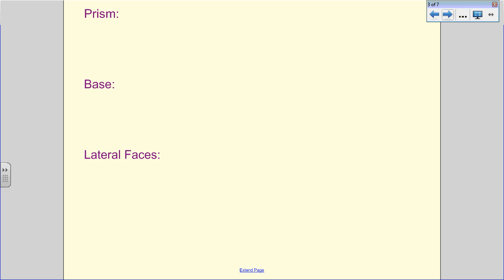I'm going to take a look at our next word. We have prism in there. And so these are just kind of a review of the words that we've used. This is a polyhedron with two congruent bases.